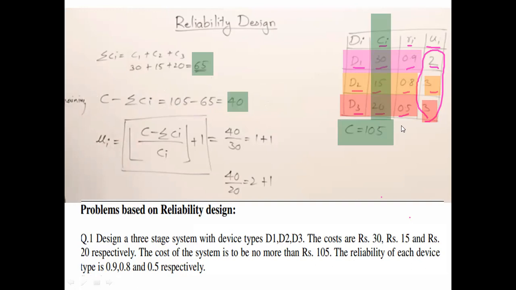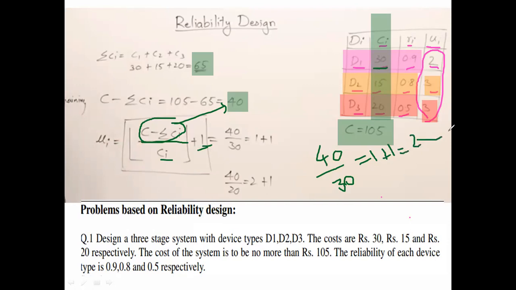So now let's see the first device. How many devices are needed in the first one? So 40 by 30, the answer is 1. Okay. So whenever the answer comes as 1, the formula of Ui is (C plus Ci minus summation Cj) by Ci, which we found previously. This one is for all the problems. 40 by Ci, the cost of stage 1 is 30, so 1, and plus 1. So plus 1 is 2.